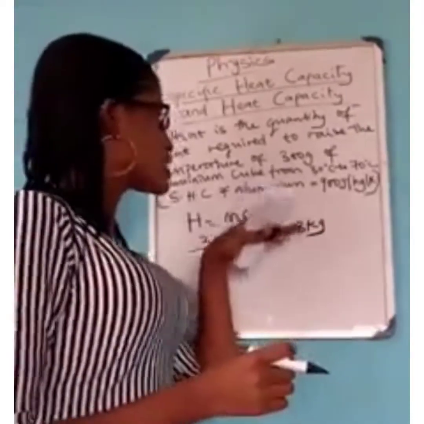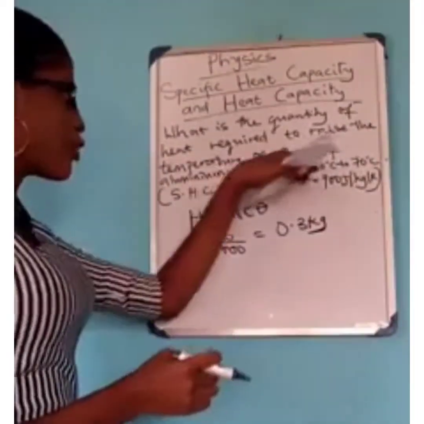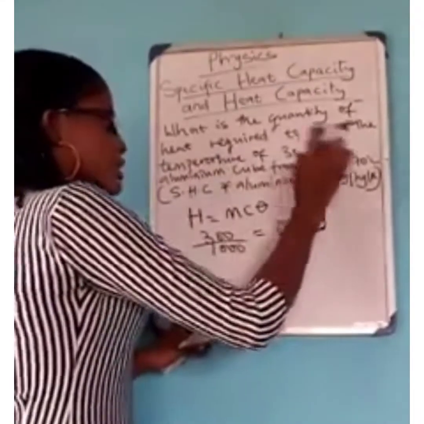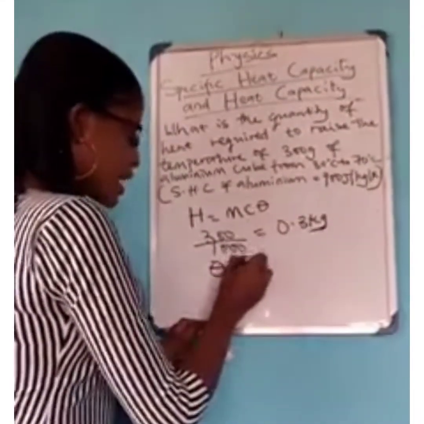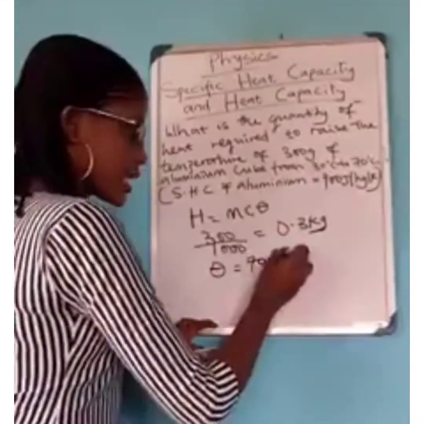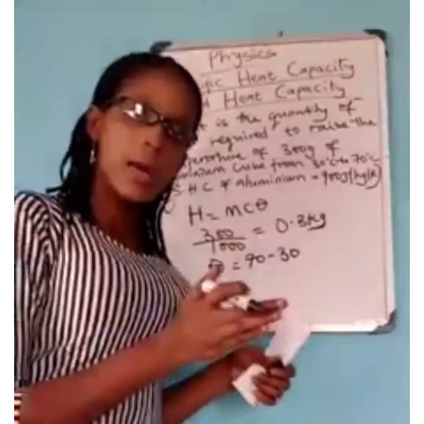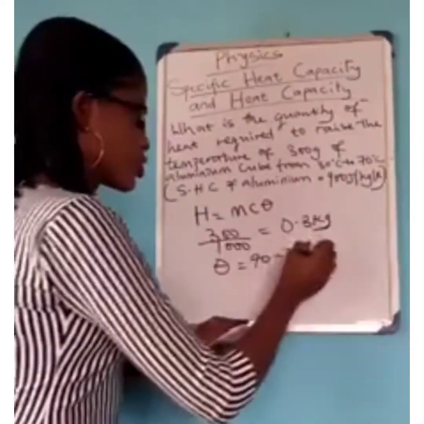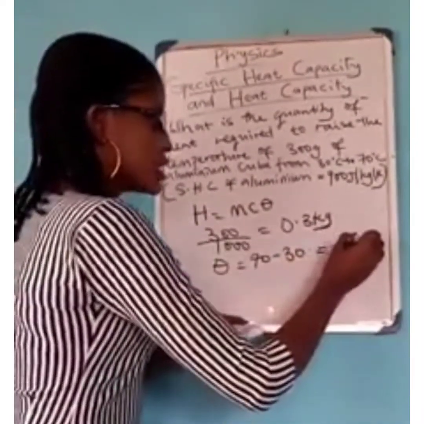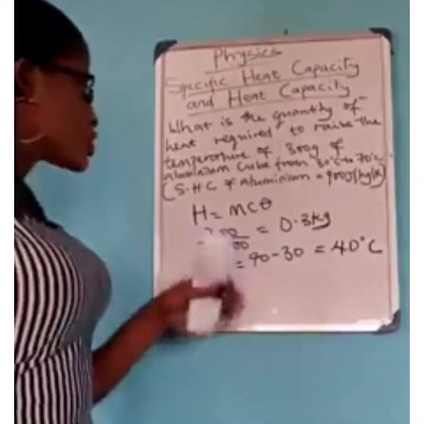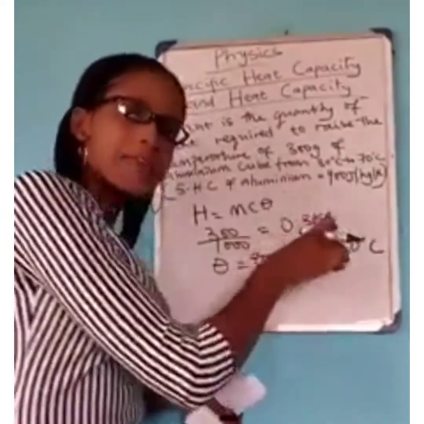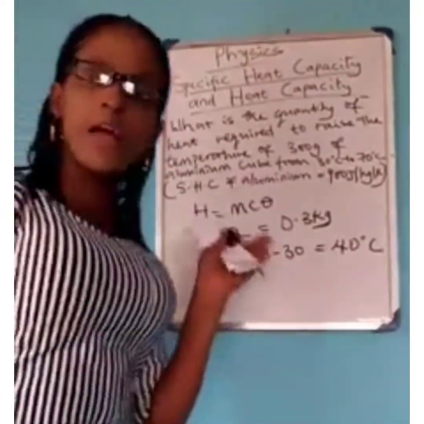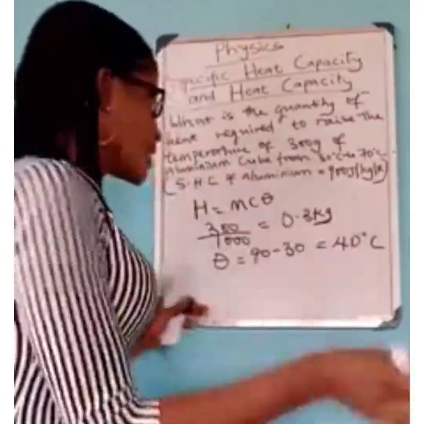So substitute the things we know into the formula. Then don't forget, our temperature change is 70 minus 30, that's theta 2 minus theta 1, the final temperature minus the initial temperature, which is what? 40 degrees Celsius. So we are going to substitute these into the formula for us to find our quantity of heat.